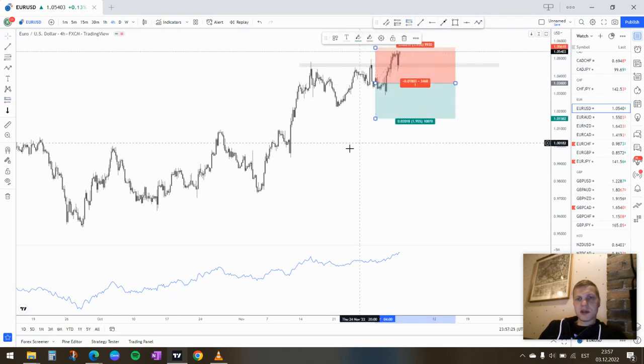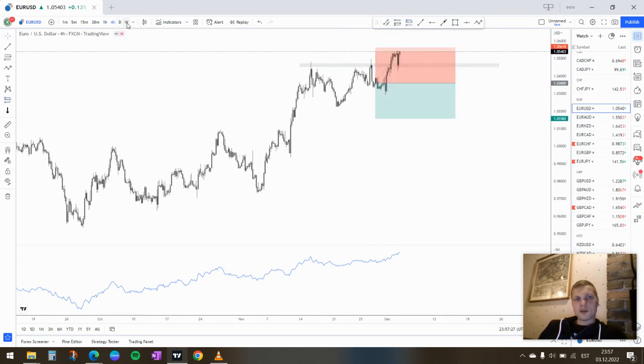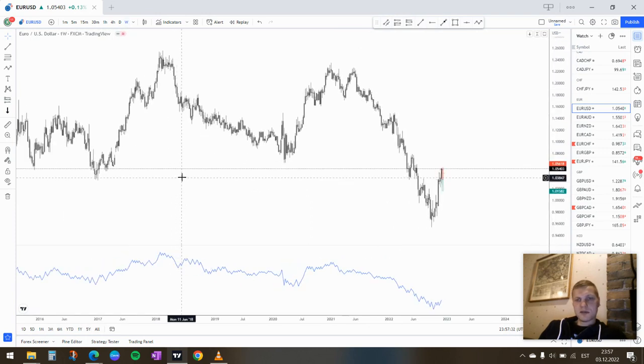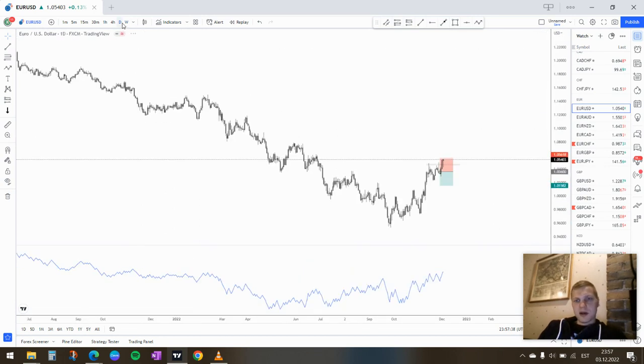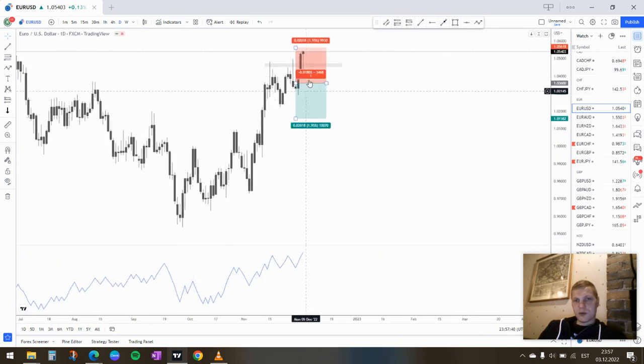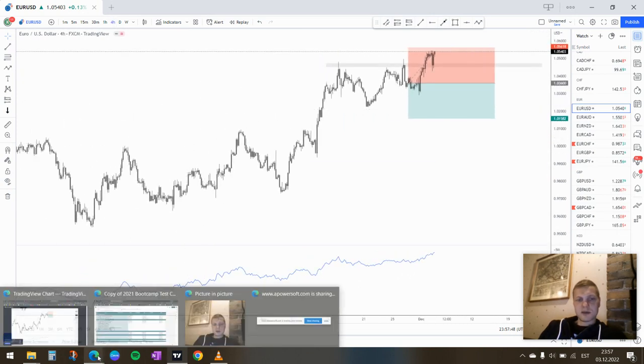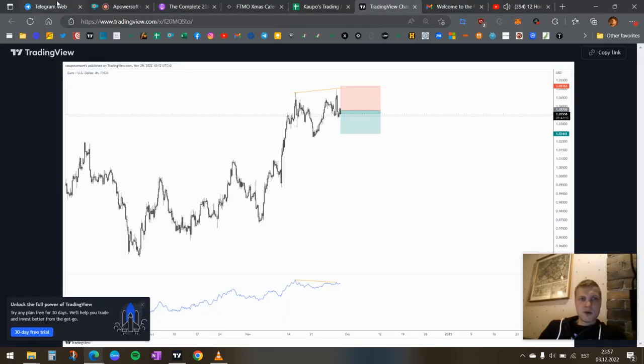The reasoning behind this trade was that price was at a weekly resistance. So a break and retest essentially on the weekly. On the daily, there were like 2 wicks and then M formation, and there was divergence, I believe, on the H4.